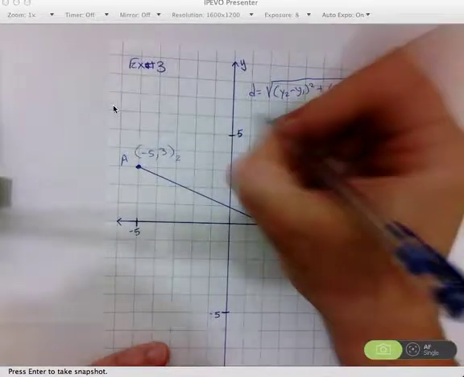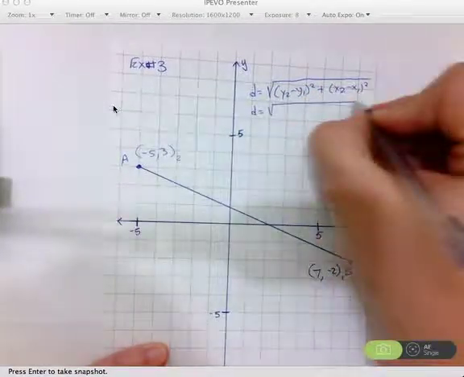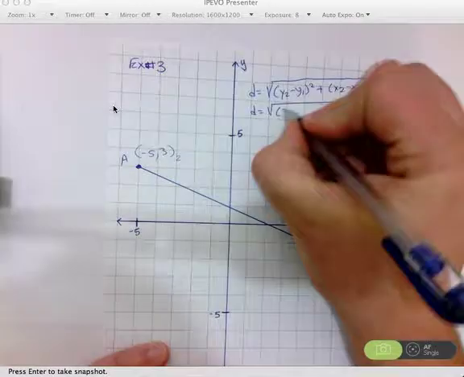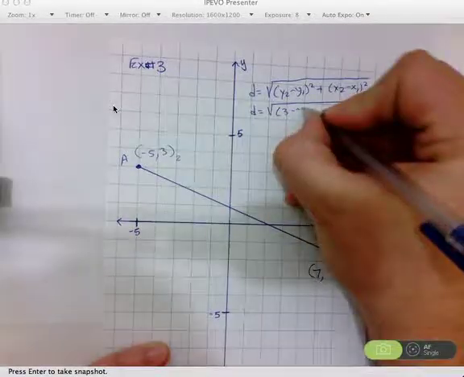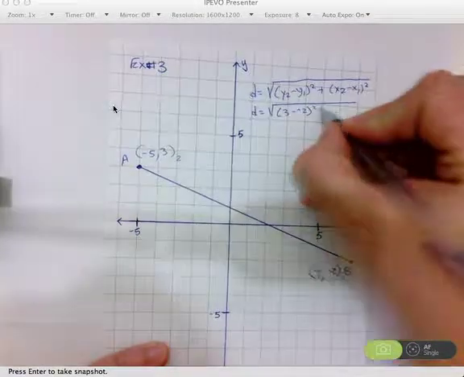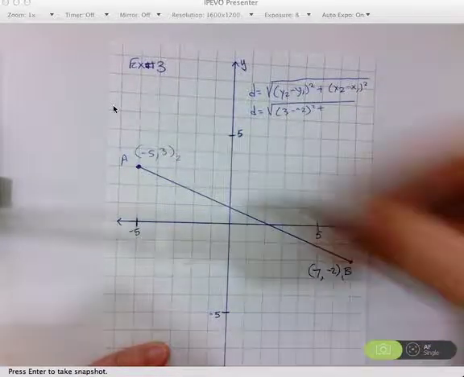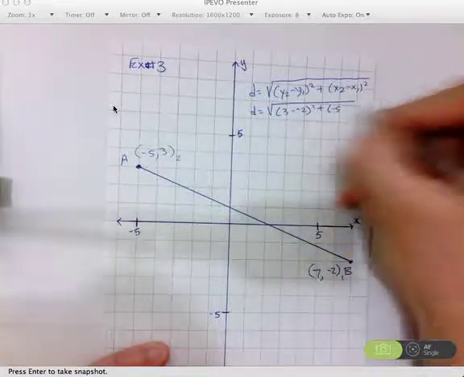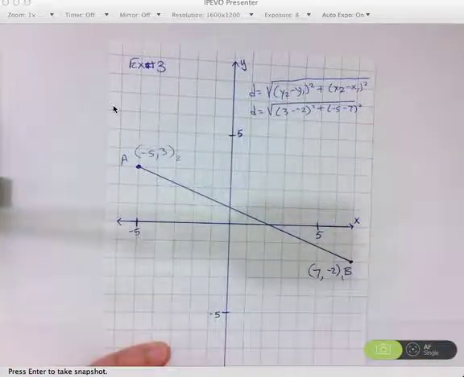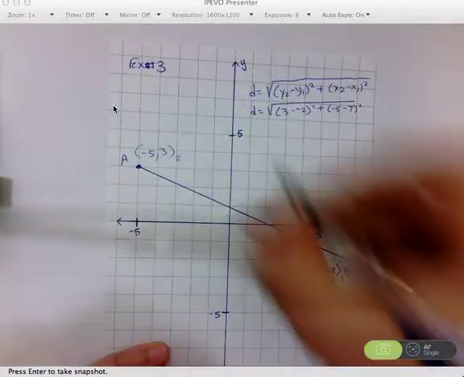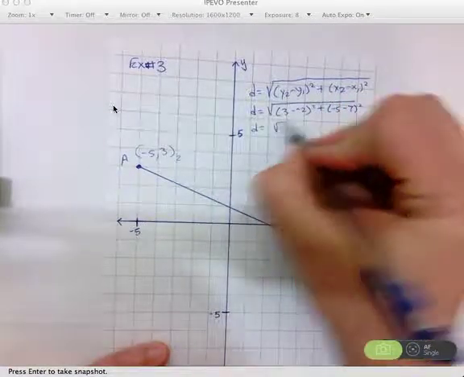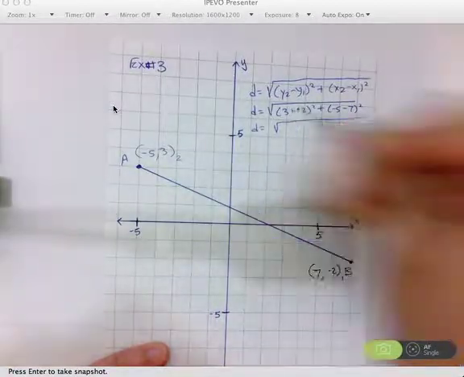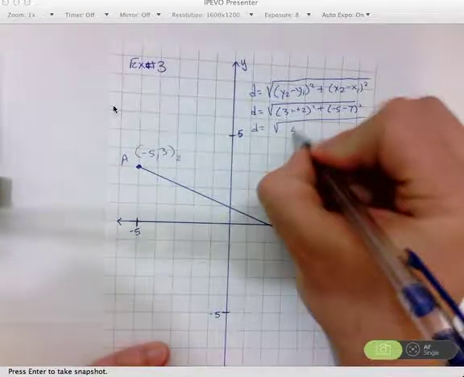So y2 is going to be 3 minus -2 squared plus, now we're on our x's, x2 is negative 5 minus 7 squared. D equals, here we go. So 3 plus 2 is 5 squared.